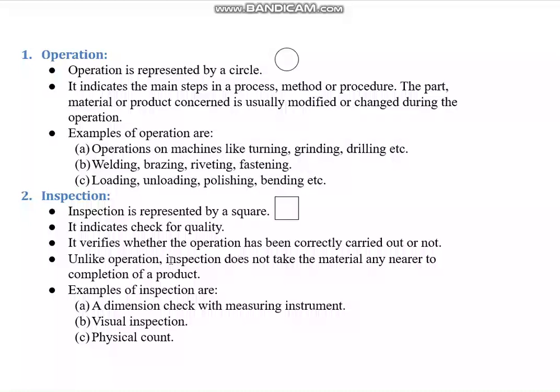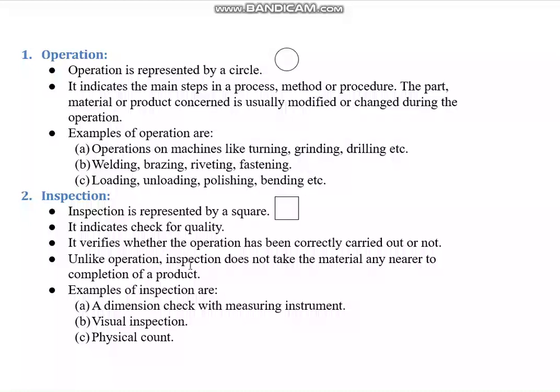Unlike operation, inspection does not take the material any nearer to the completion of a product. An operation is one in which some modification is done, or at least it is moved a little closer to the finished product.